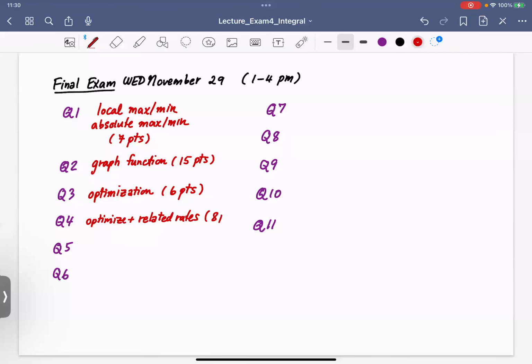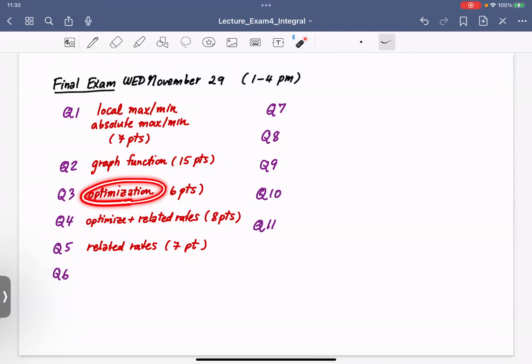This is 8 points, or 7 points, I cannot remember, but I'll get back and fix it. And question 5 is gonna be related rates. This is 7 points. So optimization, you have one question. Related rates, you have one question, but question 4 is the mix between optimization and related rates. You have to use both of them in one question.